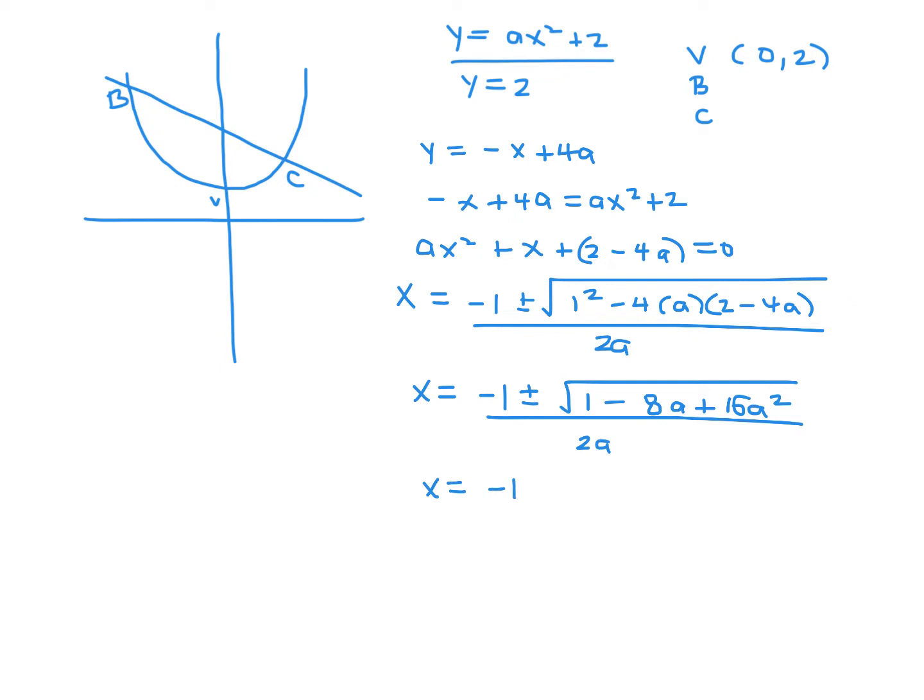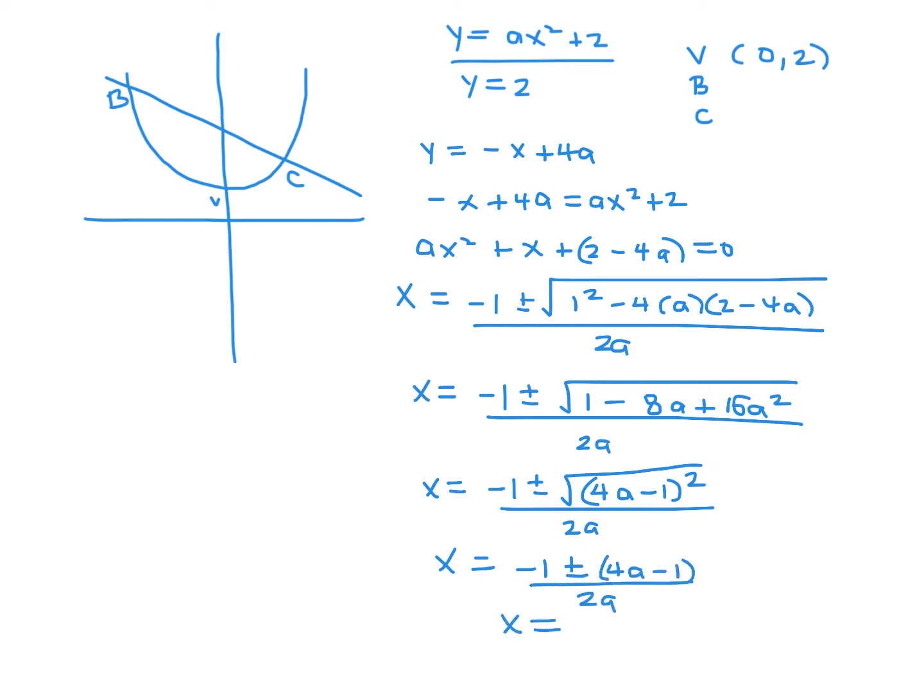This factors pretty nicely into 4a minus 1 all squared under the square root sign, all over 2a. And this works out to be pretty decent: minus 1 plus or minus (4a minus 1), all over 2a.